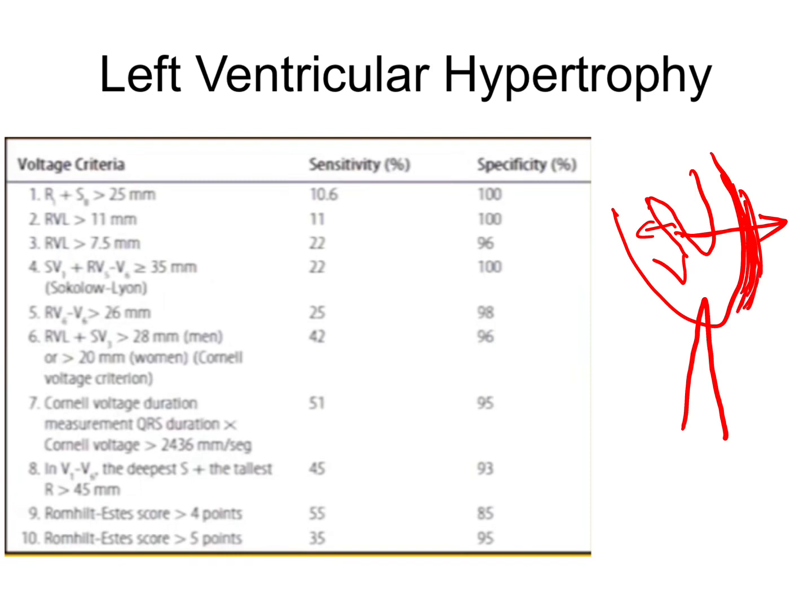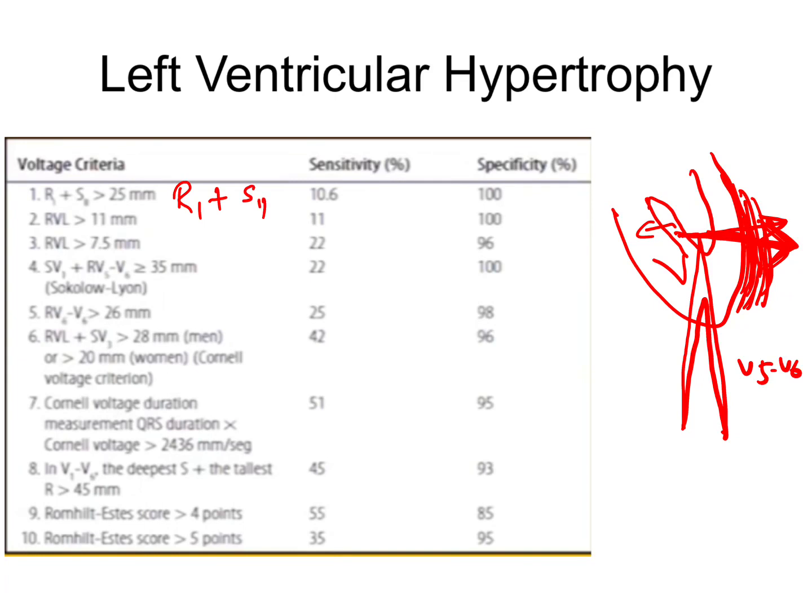Due to the hypertrophy of the left ventricle, the vector strength will be more towards this side. Since it has more mass in left ventricular hypertrophy, we will get a tall R wave in V5 and V6.